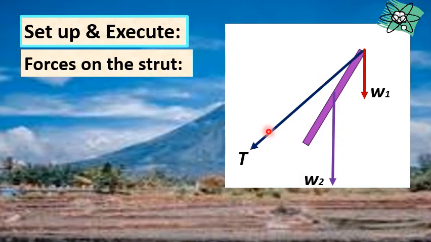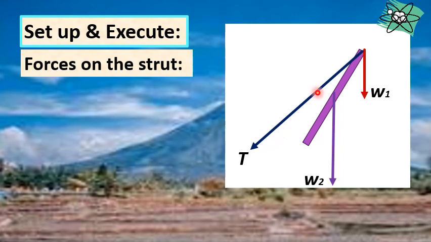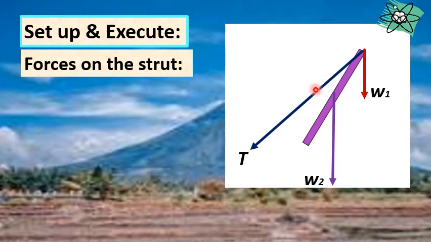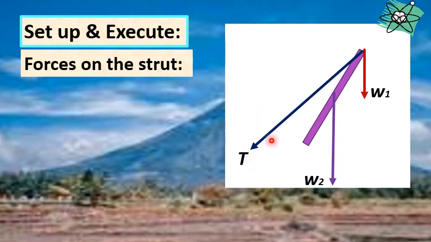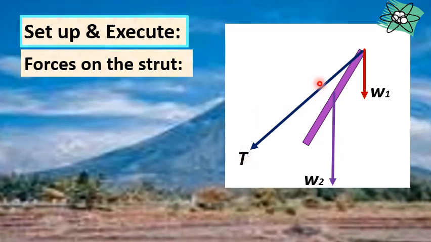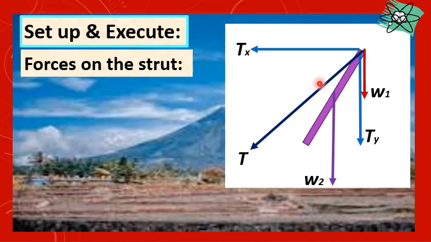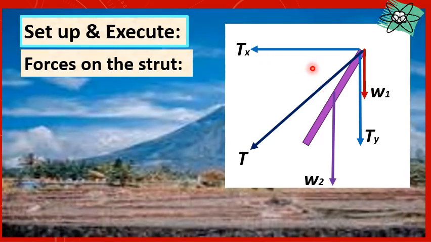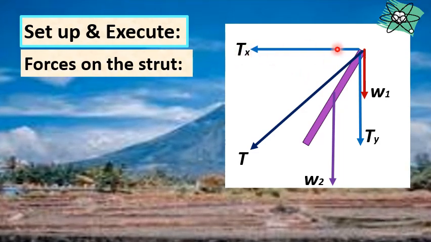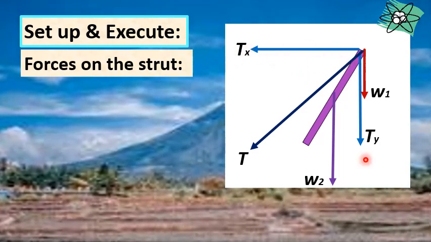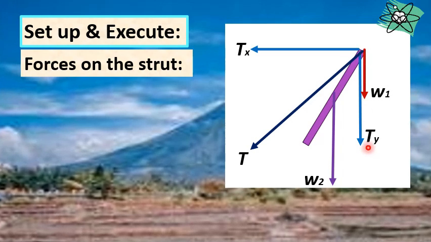Then there is the force exerted by the cable, or the tension of the cable, represented by capital T, which has two components: the x component Tx directed to the left, and the y component Ty directed downward.